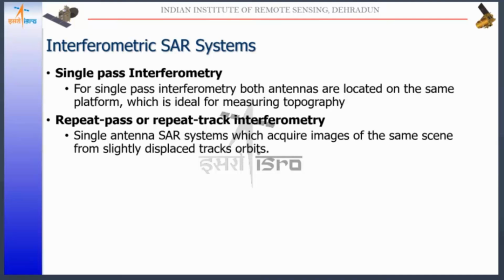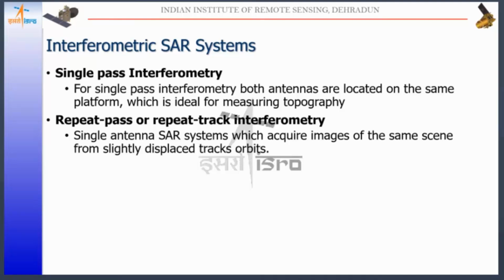In single pass interferometry, we have two antennas on the same platform with the same orbit, so we are able to see the scene. But in repeat pass we use two different orbits for seeing the image.